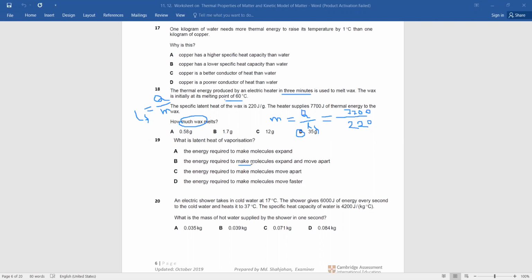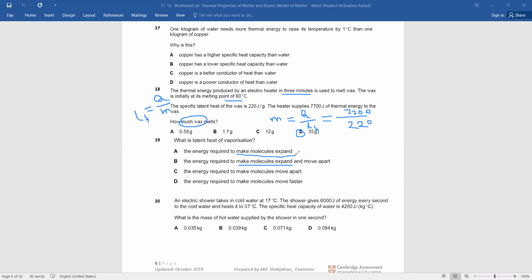You see here it is written make molecules expand. And take these notes in your copy: molecules can never be expanded. Only gas expands. Molecules move far apart. We are repeating this statement in the last three classes and today's class also.